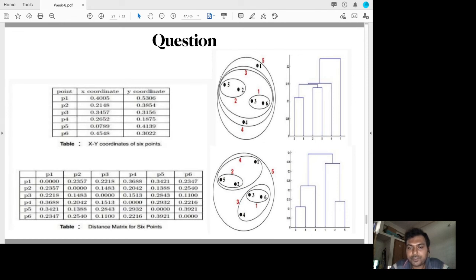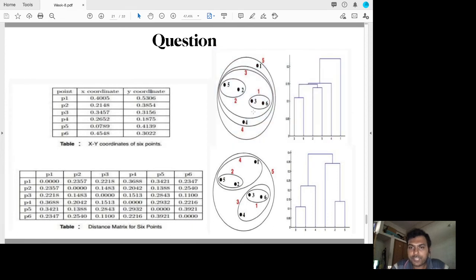Because of course, if you now consider all the points, see, 3 and 6 are already into a single cluster. So there are 1, 2, 4 and 5, 4 points outside, and you need to understand which 2 points you will now merge. So one thing which you will do is compute the distance between all such points 1, 2, 4, 5 with the 3, 6 cluster. This is a cluster now at the second stage.